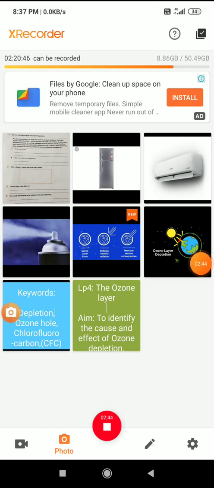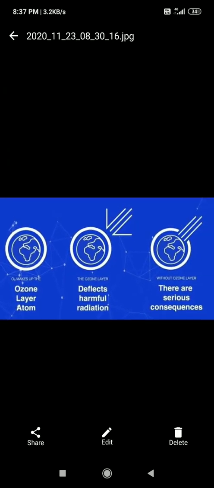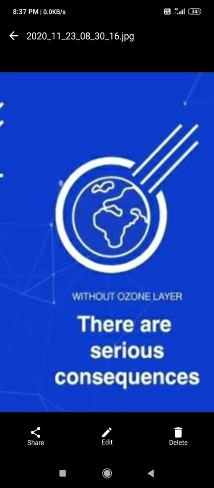Whatever the coolants are present in these, that releases the chlorofluorocarbon. Understood? This is one of the chemicals. What it will do in the atmosphere, see here what happened, it will react with the ozone layer and it creates the hole. Here you can see a hole is forming, right?